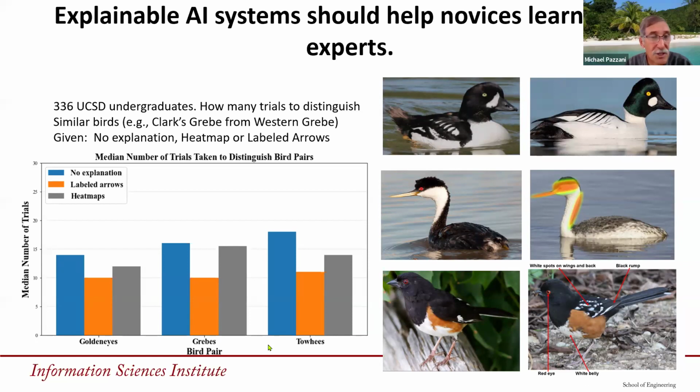And we measured the number of trials it took for them to come to the conclusion, to be accurate at doing this classification. And not surprisingly, the labeled arrows was the favorite, or they learned faster when we showed them those explanations than when we showed them no explanations or explanations with heat maps on it.